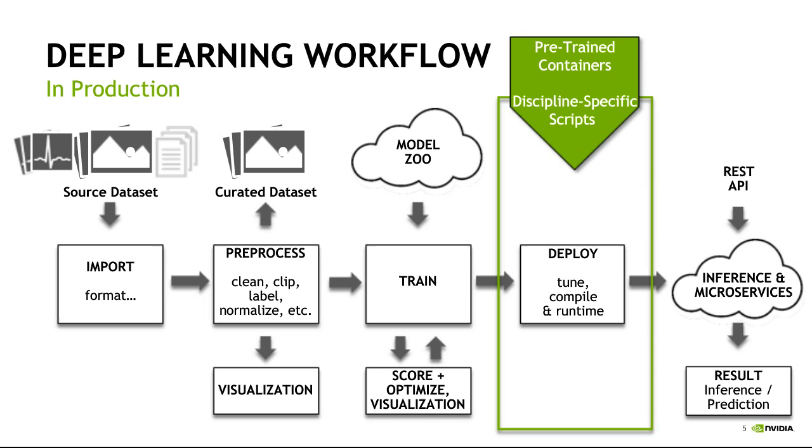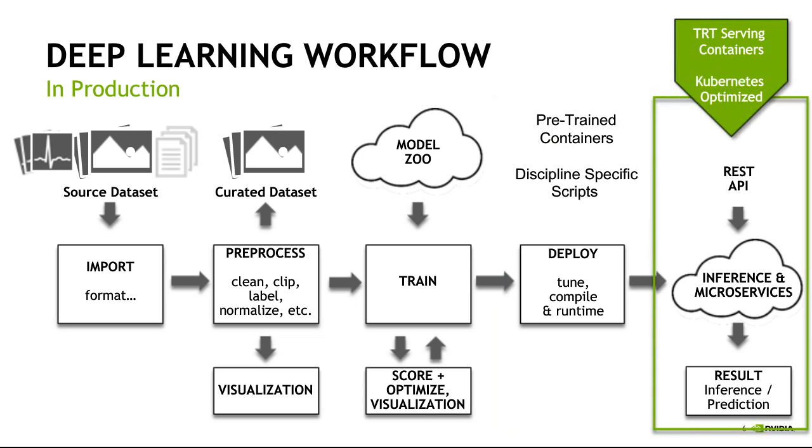Those are available too to get you started and help you get moving faster. And then last, with TensorRT serving containers, we have ways of you being able to deploy, for example, in a Kubernetes environment and manage resources for scale-out inference deployment. So we're trying to make it easier and get you up to speed more quickly.